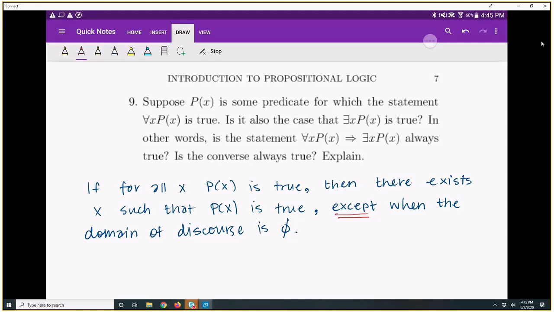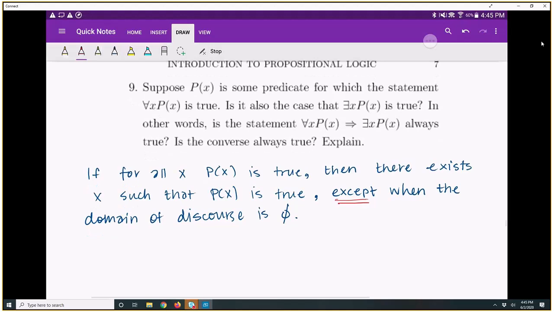On the other hand, is the converse always true? If there exists x such that p of x, does that mean that for all x, p of x? And of course not. There exists means we can find at least one.